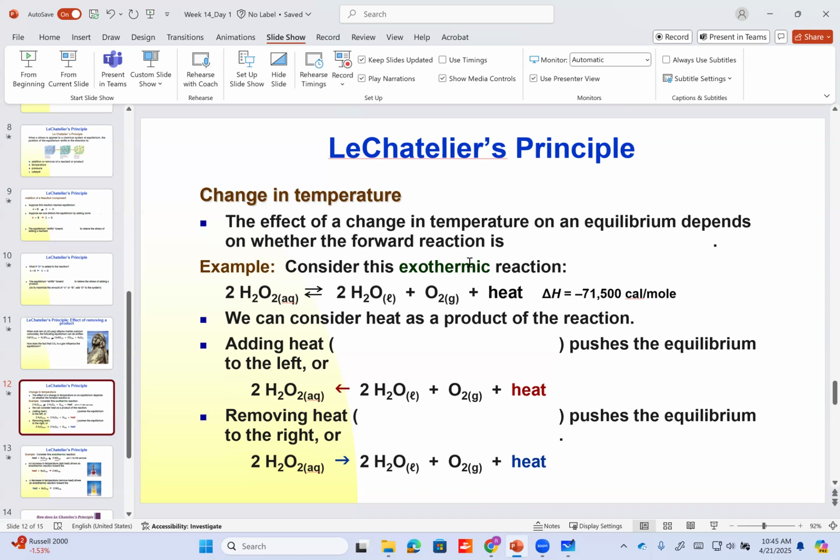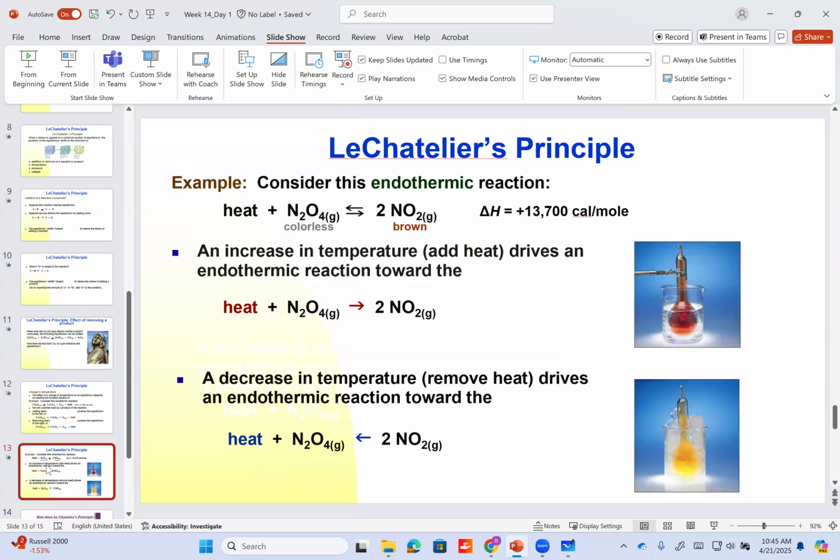All right, now let's look at an endothermic reaction example. This is an endothermic reaction: you have N2O4 going to 2NO2. Now how do I know this is an endothermic reaction? Because delta H is positive, or my heat is added on the reactant side. So now we're going to look at two scenarios.